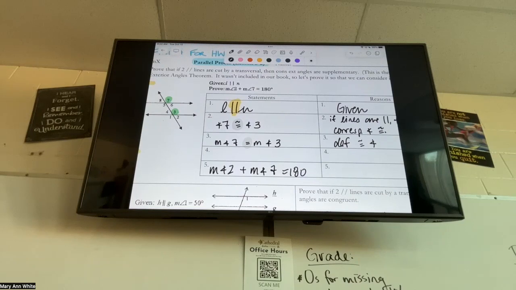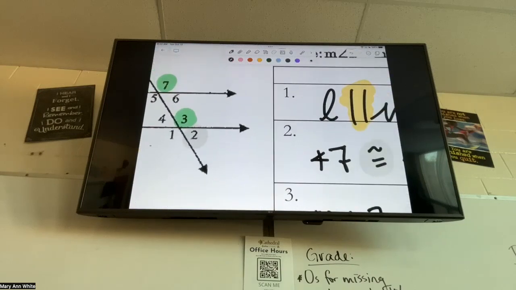Okay, now in a second we're going to end. So I want to start getting angle 2 involved. So now I'm going to say, okay, how do angle 2 and angle 3 relate to each other? What's their relationship? Linear pair. We've done this a bunch of times today, guys. We've got to start seeing those linear pairs when they're right next to each other.